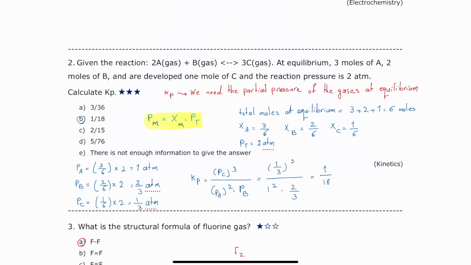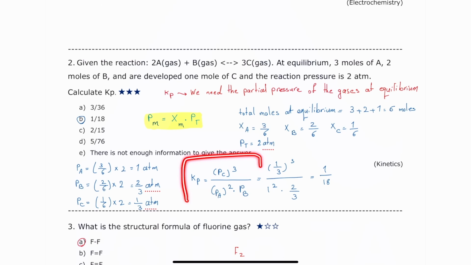We know that to calculate the Kp, we need the partial pressure of the gases at the equilibrium state. We have the moles of gases, but we need to find a way to convert these moles into the partial pressure, because in the formula of constant of pressure, we need the partial pressure of the products to the power of their coefficient over the partial pressure of reactants to the power of their coefficient.